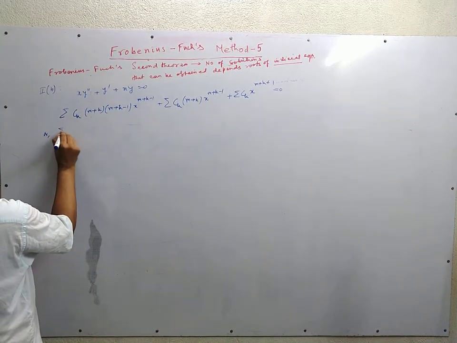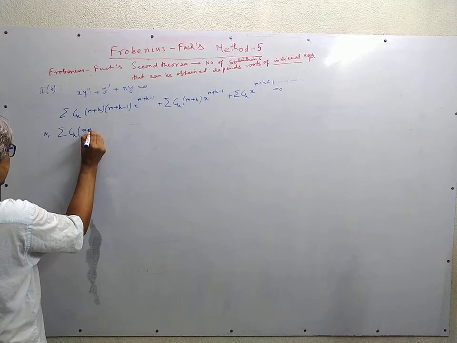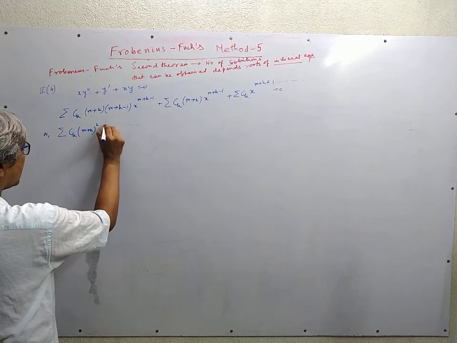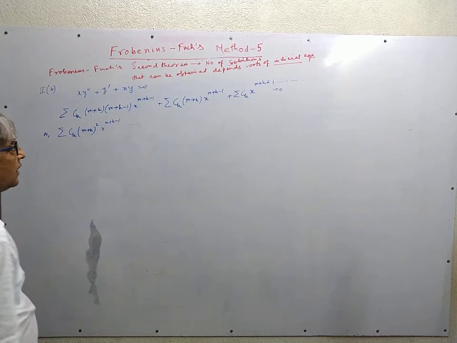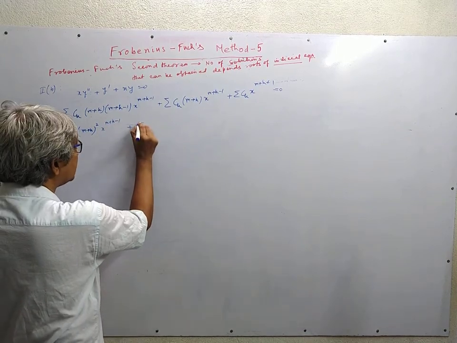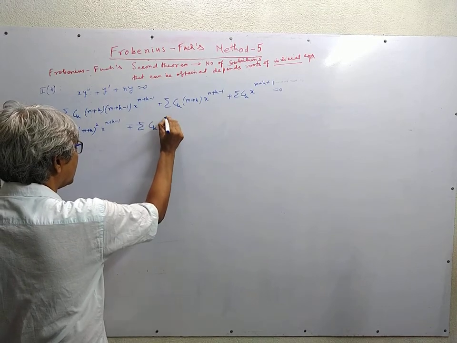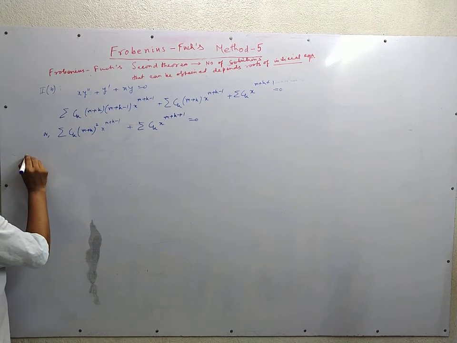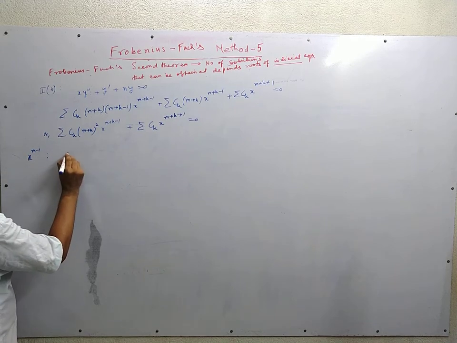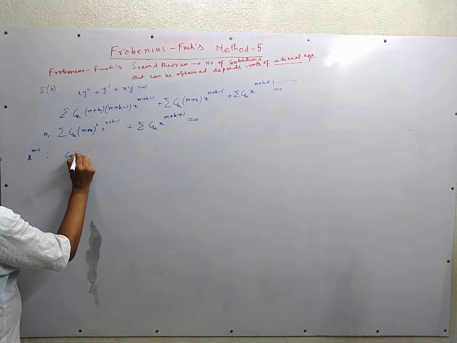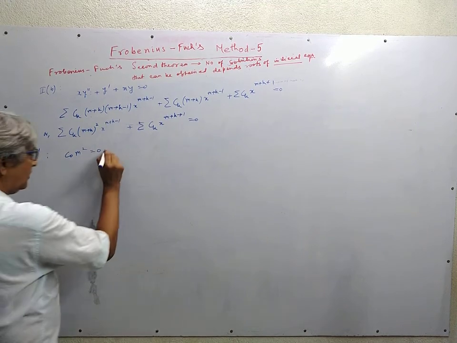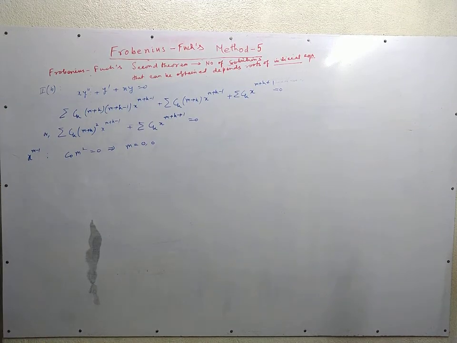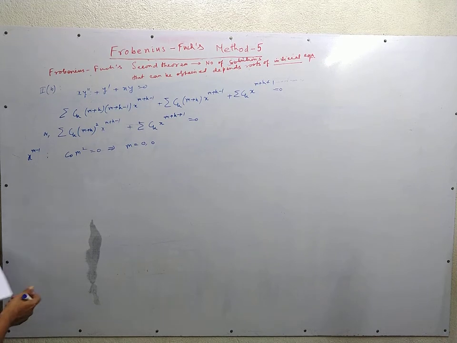So we take ck m plus k common, and here the lowest power is x to the power m minus 1, whose coefficient c0 m square is equal to 0, which gives m is equal to repeated roots 0 and 0. Here we can get only one solution by Frobenius method.